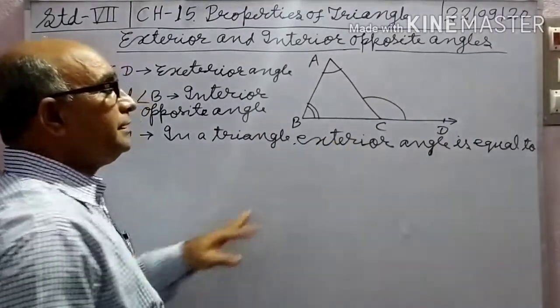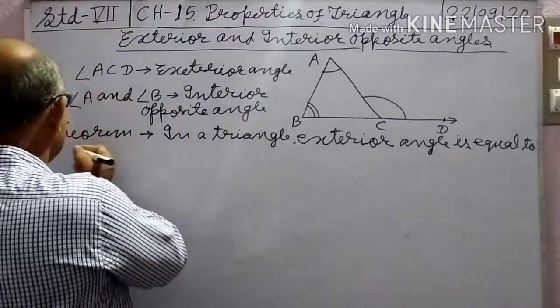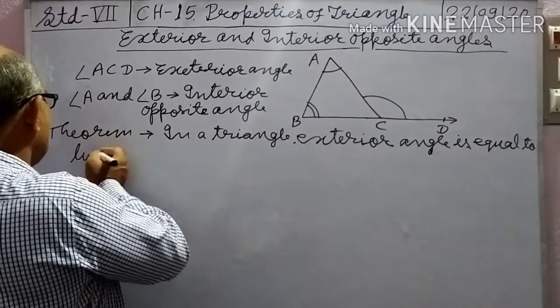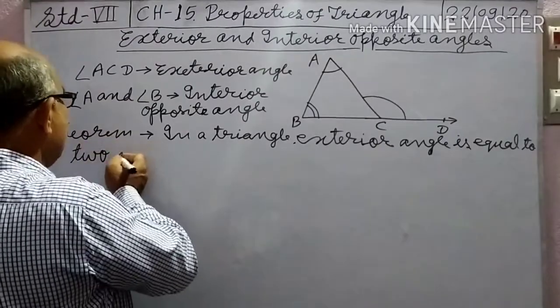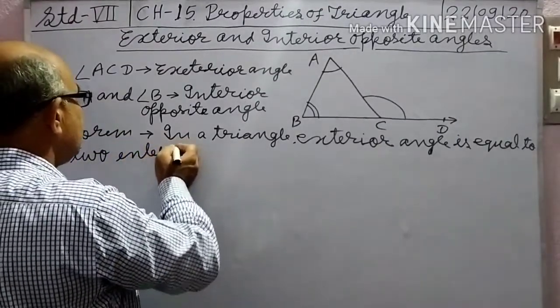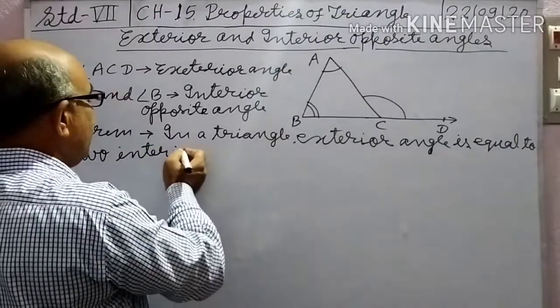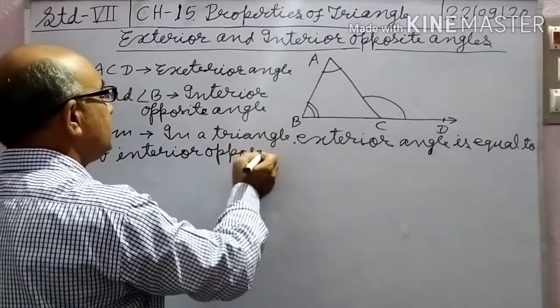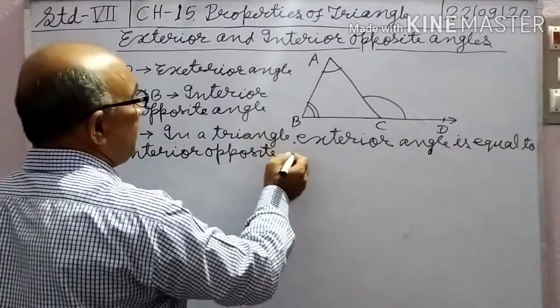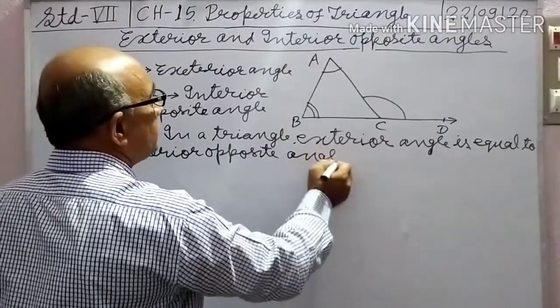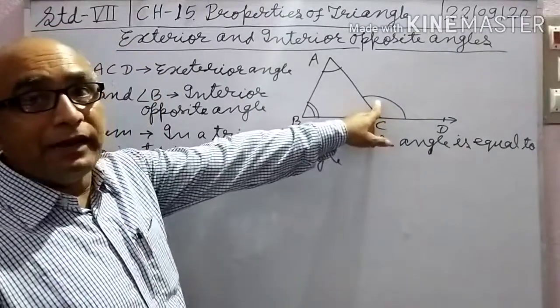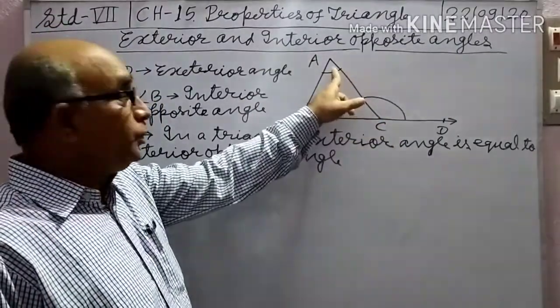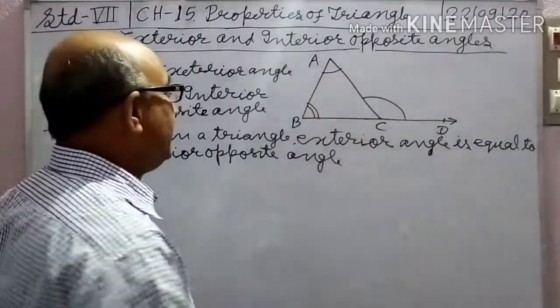Exterior angle is equal to the two interior opposite angles.